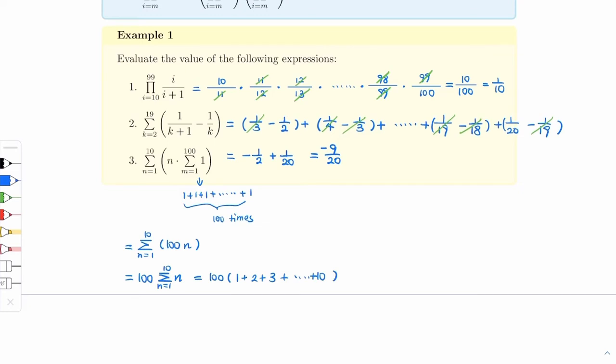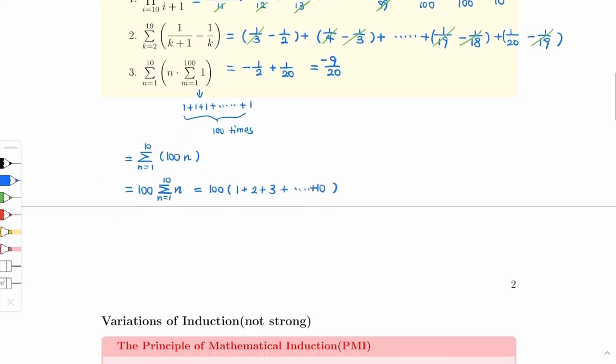And we can use a formula that you learned from high school. So that's going to be 100 times (1 plus 10) times 10 over 2. Yeah, so whatever you get, that's a big number. So that's 50 times 10 times 11.